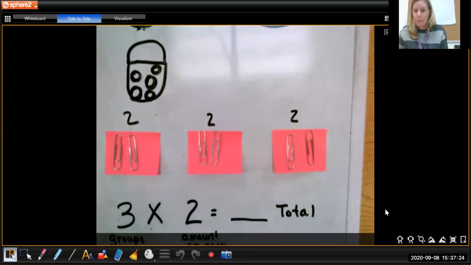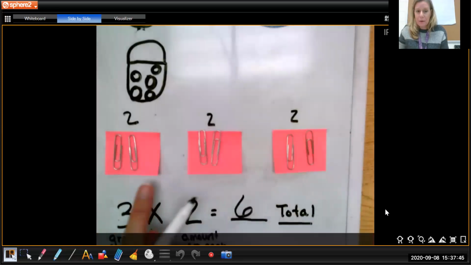I'm just going to count the paper clips to figure out the total. 1, 2, 3, 4, 5, 6. Oh, so 3 times 2 is 6. That's the first way.